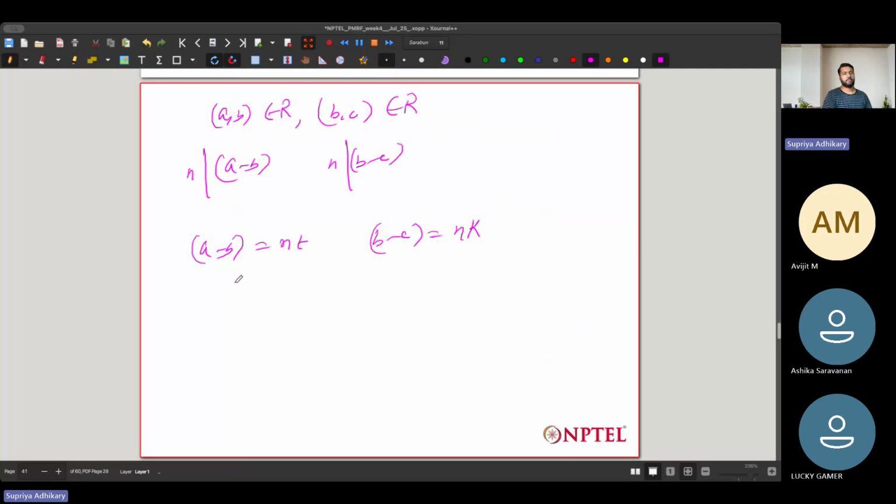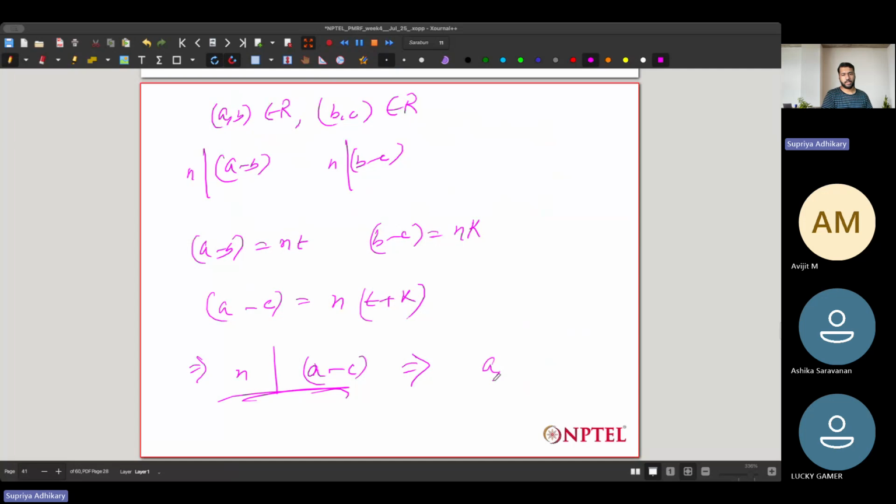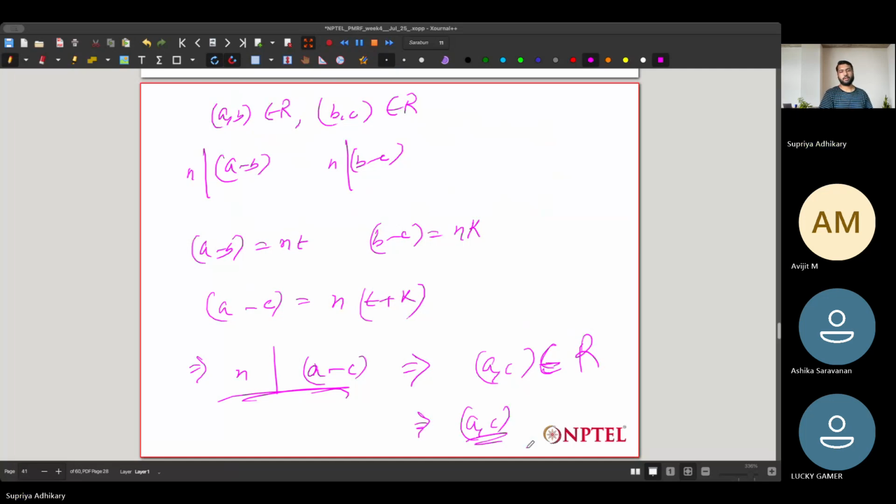So now we add them together. That should give us A minus C is equal to n times (t plus k). So this implies that n divides A minus C. So this implies that (A, C) also belongs to this relation R. So this implies that R is a transitive relation.